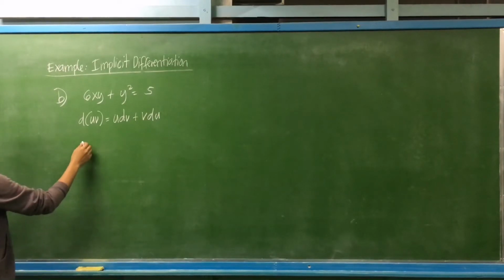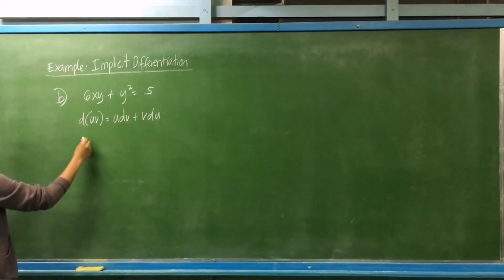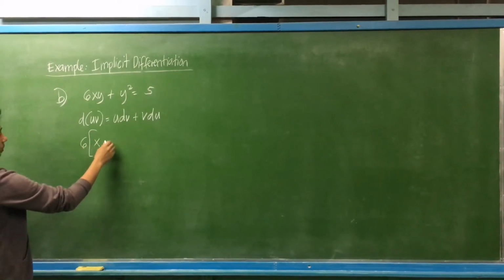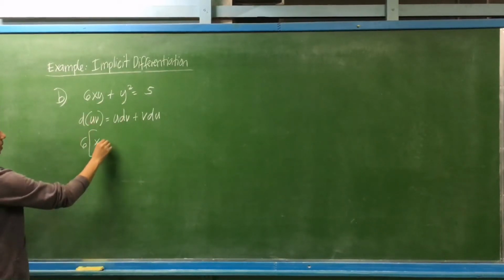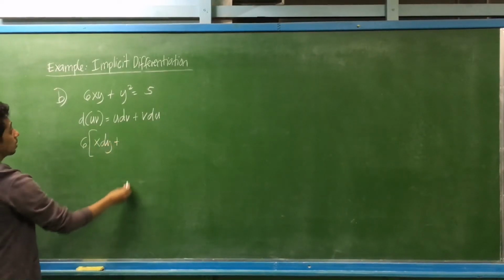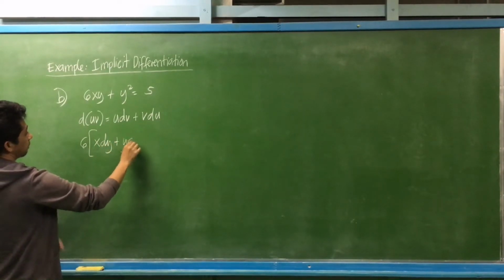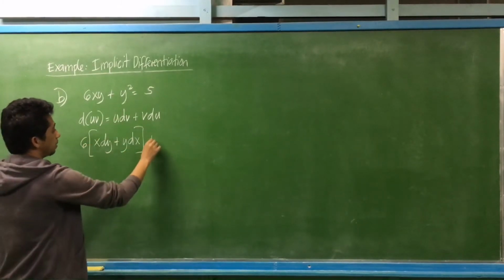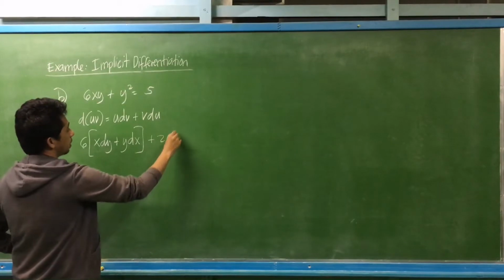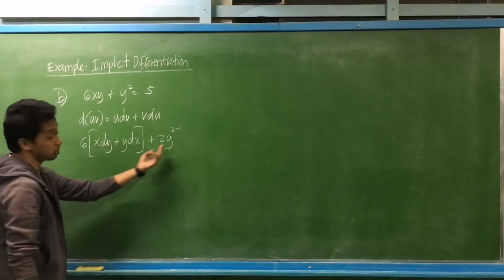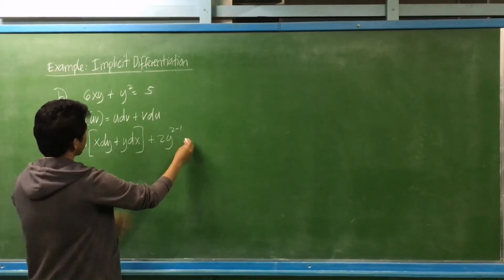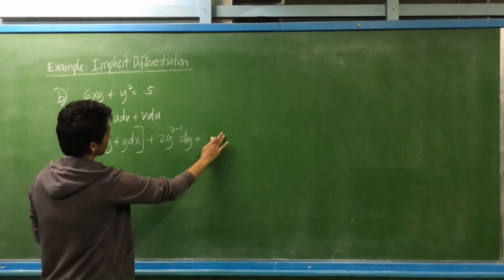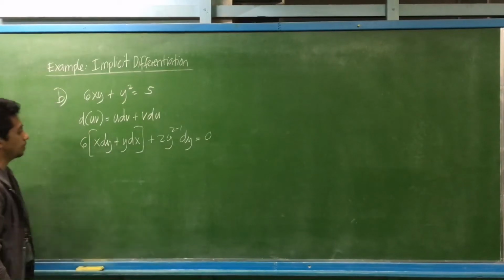So factoring out 6, your first term is x, derivative of the second term is dy, plus your second term y, derivative of the first term dx. Then plus y squared, this is plus 2y raised to 2 minus 1, the chain rule, dy, and the derivative of the constant 5 is 0.